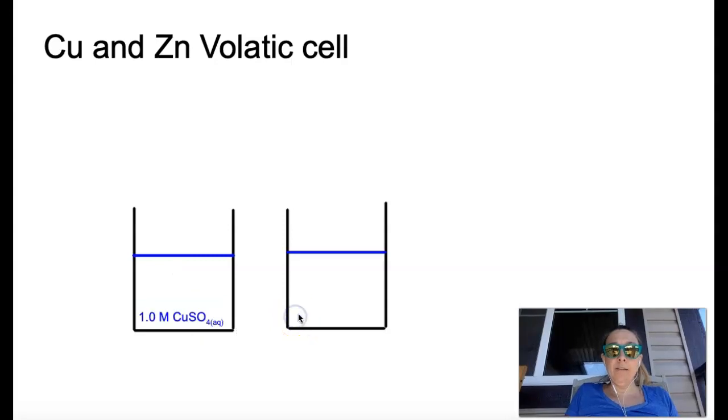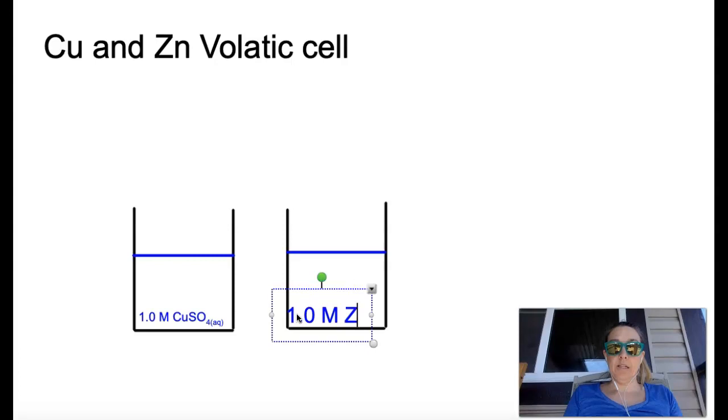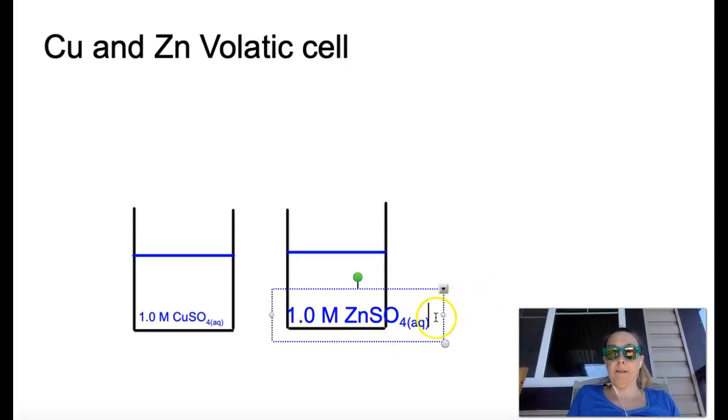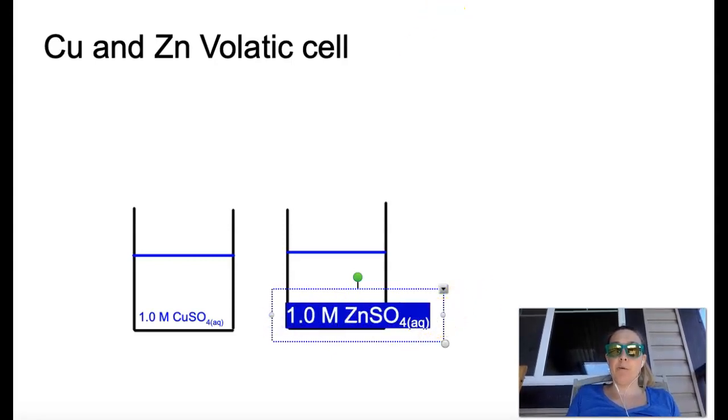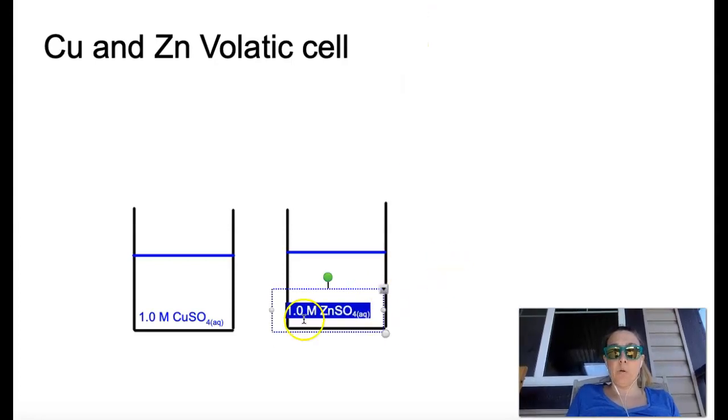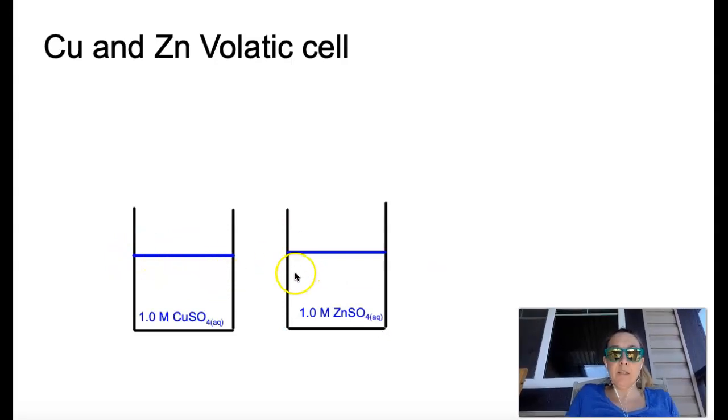Okay, the other one contained a 1 molar zinc sulfate solution. Same deal. We want to write that inside of the beaker. Okay, so we have our beakers. We've put solution lines. We have indicated what solution is inside of each beaker.